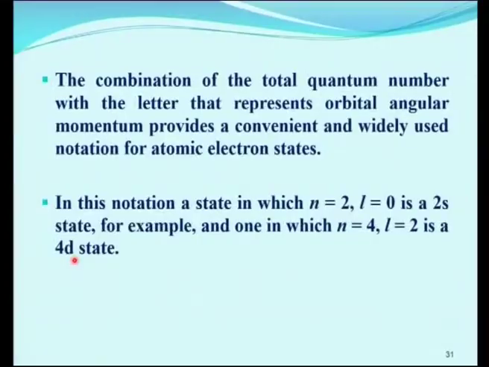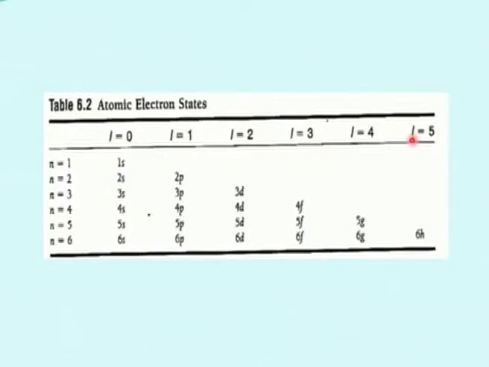This combination of total quantum number with the letter that represents orbital angular momentum provides a convenient and widely used notation for atomic electronic states. In this notation, a state in which n = 2, L = 0 is a 2s state, and one in which n = 4, L = 2 is a 4d state, as we have seen clearly in the table.